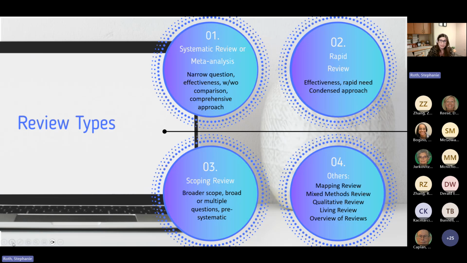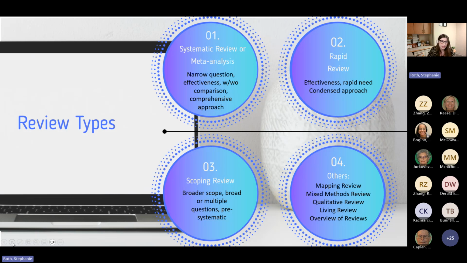And then there are other review types too. I won't get into them, but we have the mapping review and mixed methods reviews that look at qualitative and quantitative studies. And qualitative reviews are systematic reviews focused on just qualitative literature, so their analysis at the end would be a little different. Living systematic reviews are reviews that live on forever.